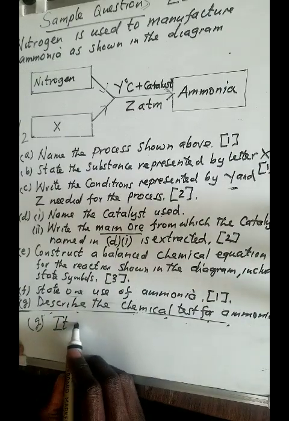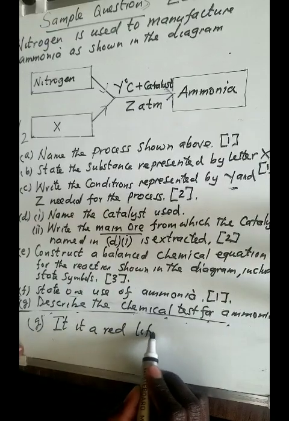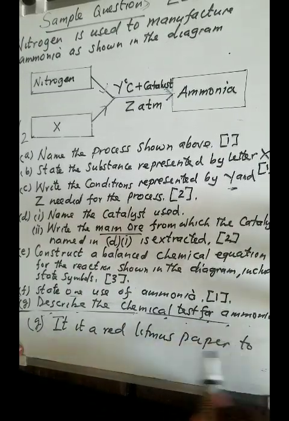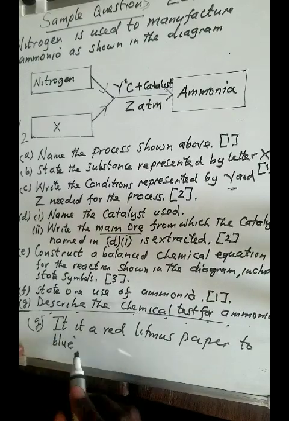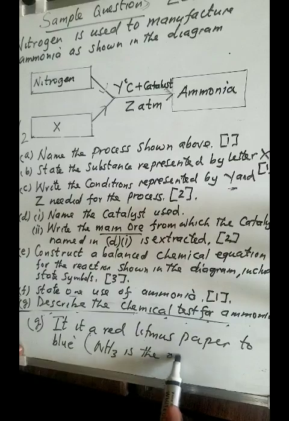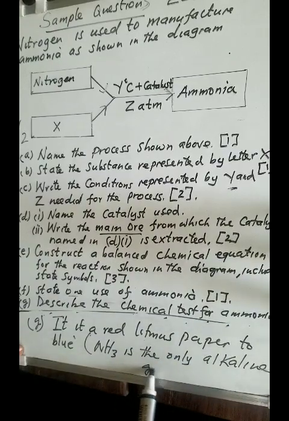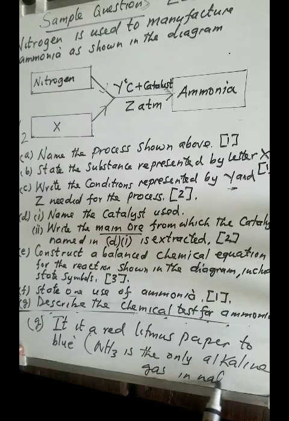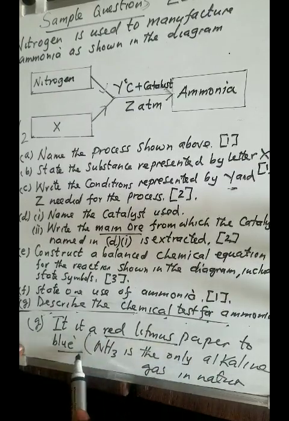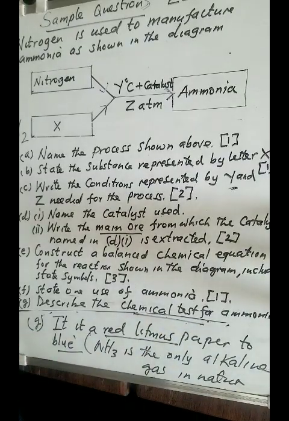So we can say it turns a red litmus paper to blue. So remember, like I said, NH3 is the only alkaline gas in nature that we have. So that is what you need to remember. So it changes a red litmus paper to blue. That is the chemical test that we carry out for ammonia.